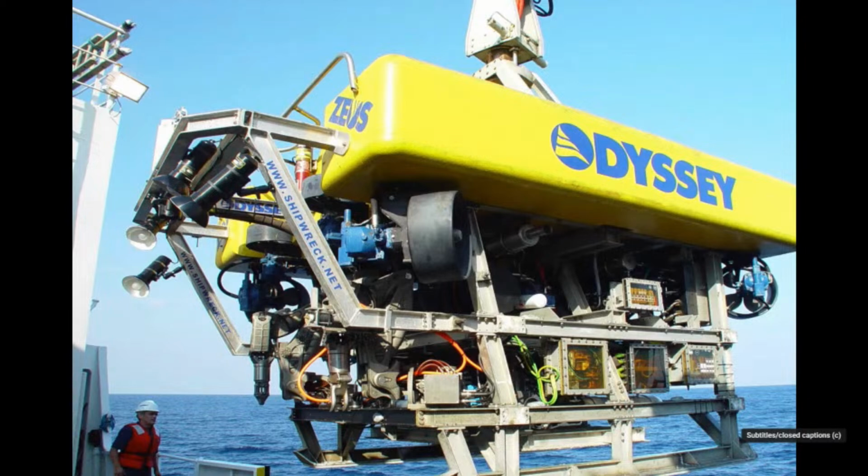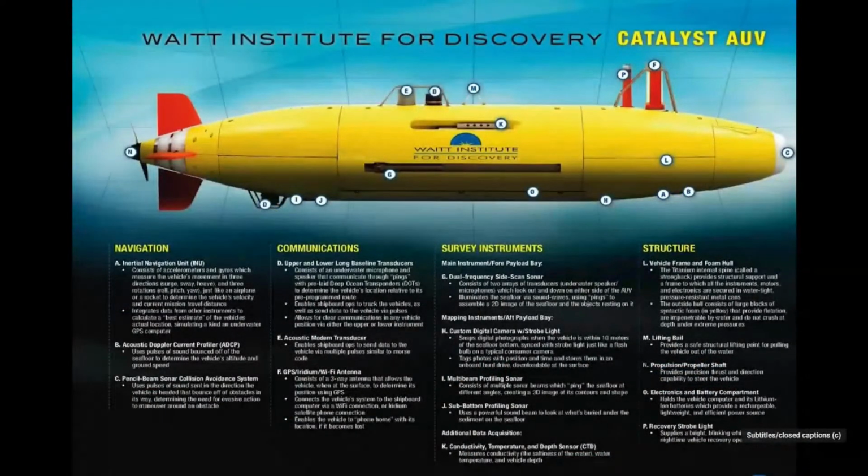Yep, absolutely. So I'm going to kind of skip over the next few ones, but these are essentially underwater vehicles that will go down, do a mission, and then they'll come back up. So these oftentimes will save a lot of money.